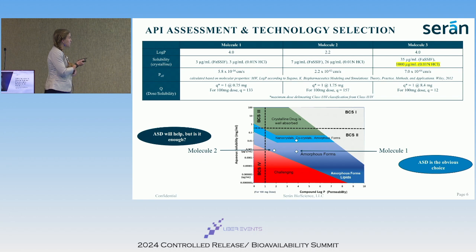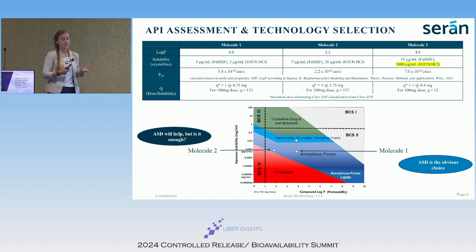Molecule 2 is an interesting example because this also has very low solubility. It does have some ionization in the relevant range for physiological fluids, so there's a slightly higher solubility at gastric pH than intestinal pH, but it's still very low in both. But what's interesting about this one is that it does have fairly low permeability.